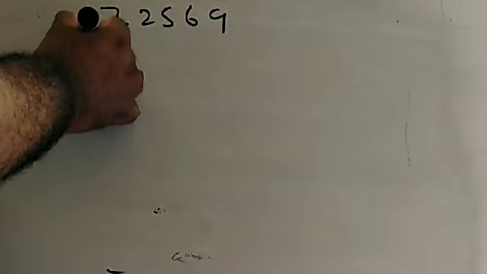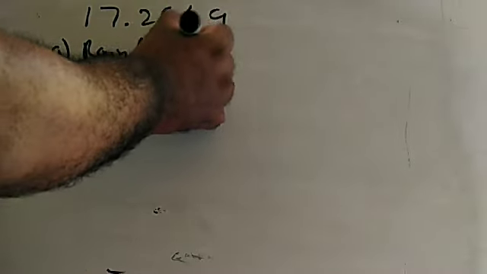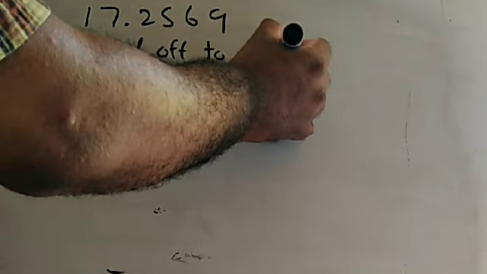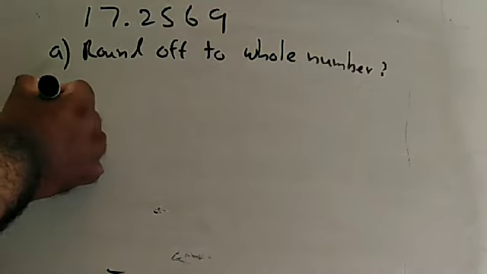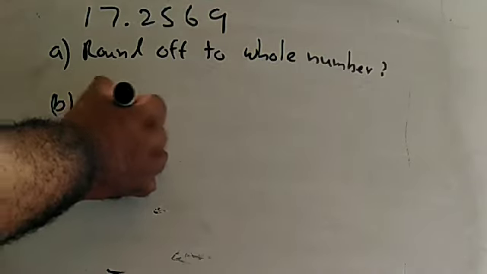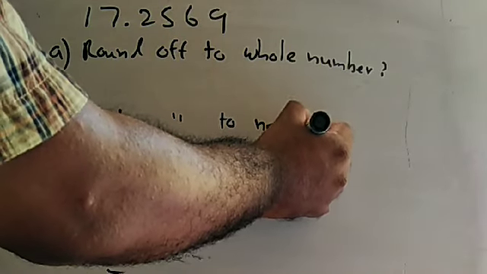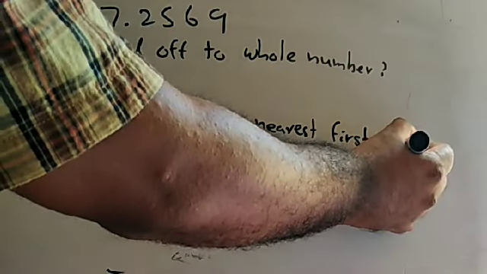17.2569. A: round off to the whole number. B: round off to the nearest first decimal value.